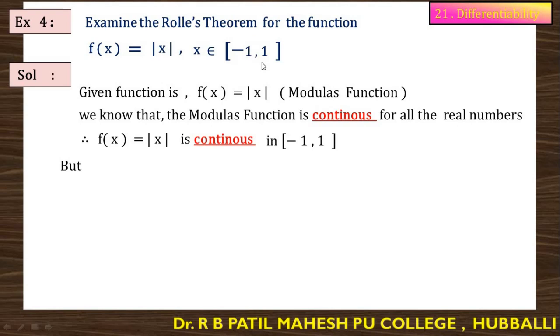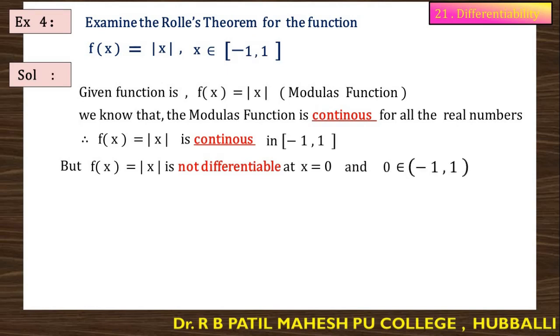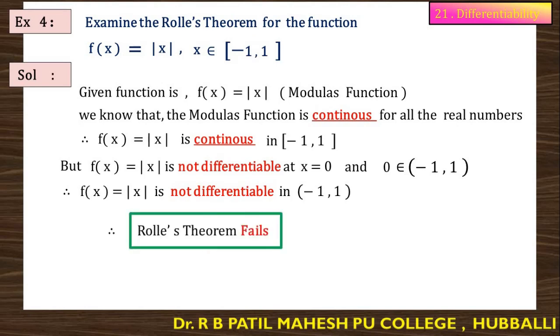So therefore what we can say here, modulus x is not differentiable at x equal to 0 and 0 belongs to open interval minus 1 comma 1. So therefore modulus function is not differentiable in open interval minus 1 comma 1. So therefore Rolle's theorem fails.